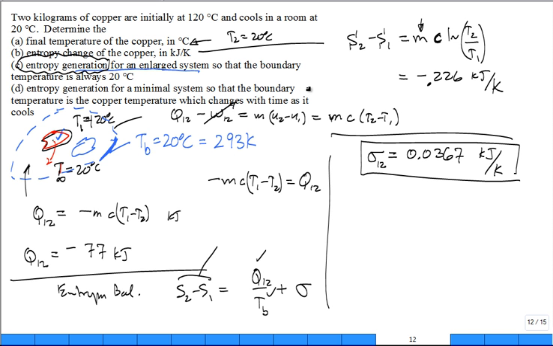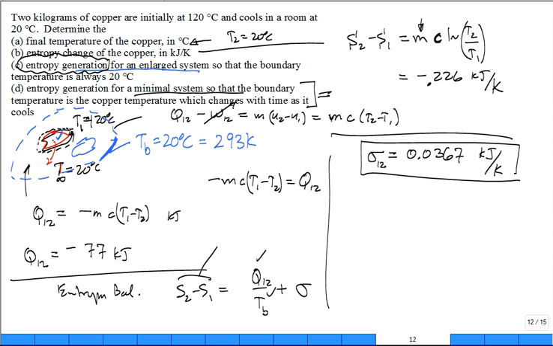Now, if you really want a challenge, look at part D. Go for a minimal system. Tighten up that system boundary right there. So now the system boundary is tight around the copper. Guess what's changing with time as the copper cools? T_B changes with time. You can do the tracking.